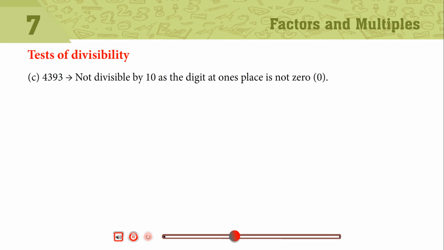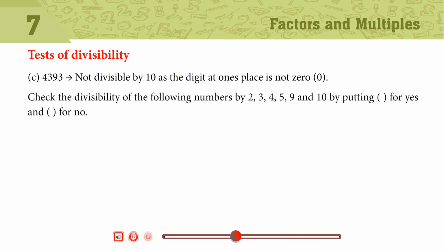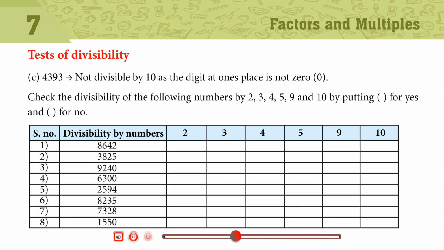Not divisible by 10 as the digit at one's place is not 0. Check the divisibility of the following numbers by 2, 3, 4, 5, 9 and 10 by putting a tick for yes, cross for no.